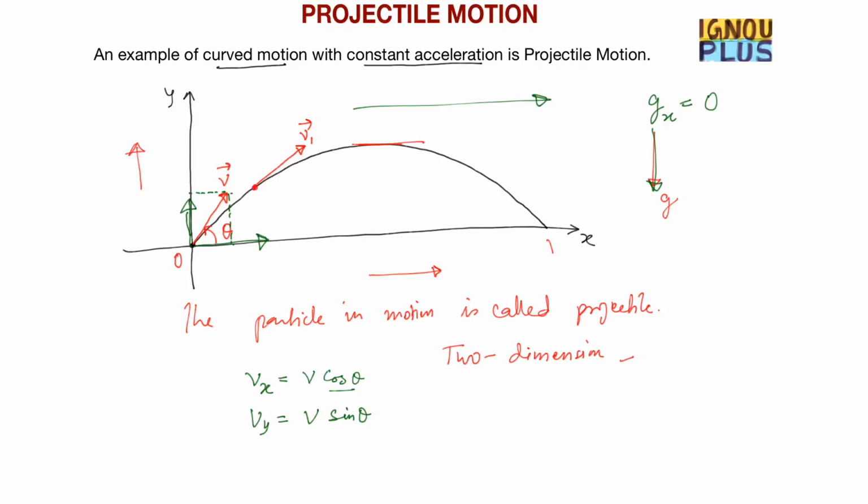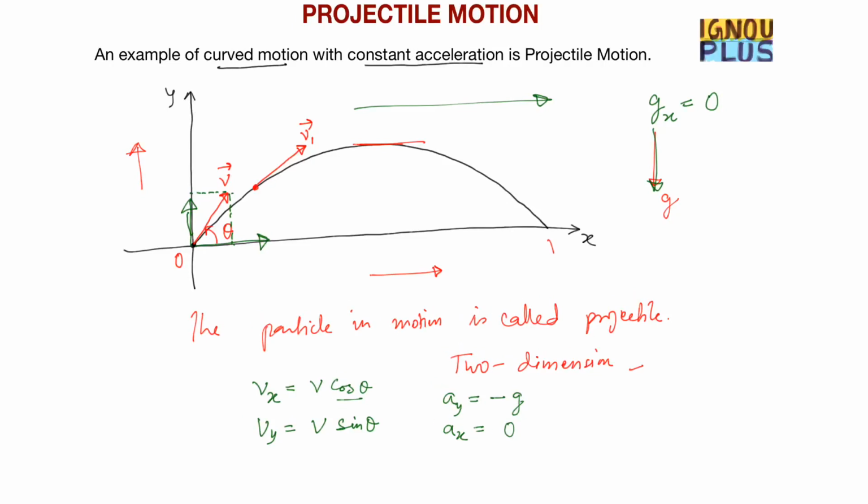So we can write acceleration in the y-axis is minus g because it is going downward, and acceleration towards the x-axis is actually 0.